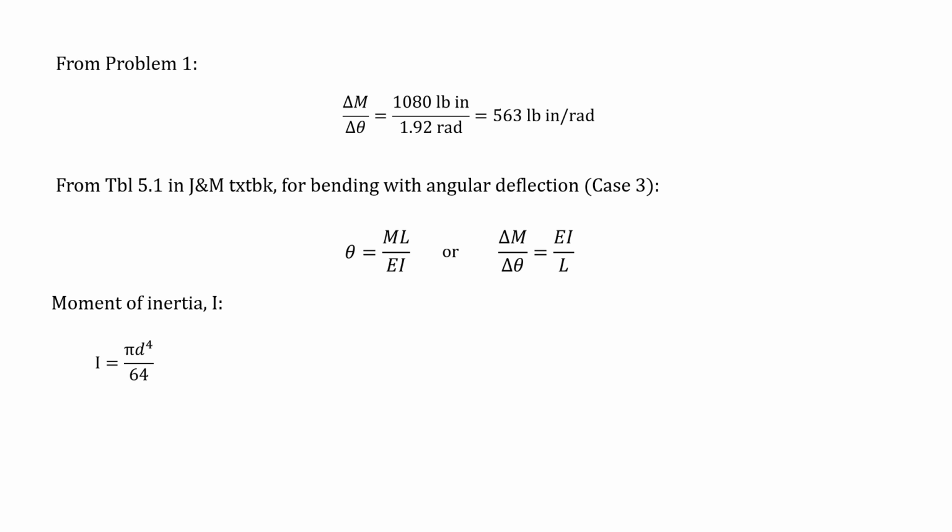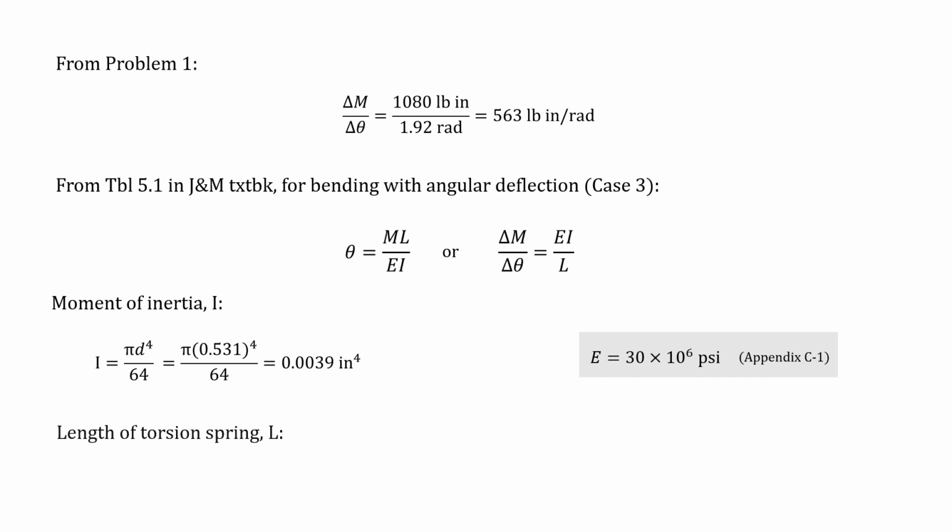So it's just pi d to the power 4 over 64. And we know that our smaller diameter is 0.531 inches. So subbing in, we have this I value here. We know that our E value came from Appendix C1, but it's just for steel. It's 30 times 10 to the power of 6 psi.